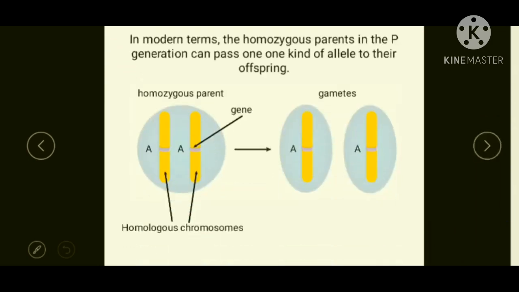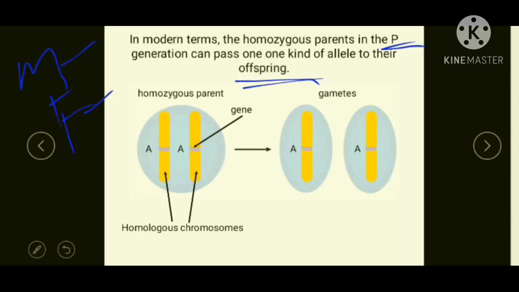In this figure we can see that, in modern terms, a homozygous parent in P, which represents the parental generation, can pass one kind of allele to their offspring, not both. The mother and the father both have two alleles, but they do not pass both alleles to their offspring.